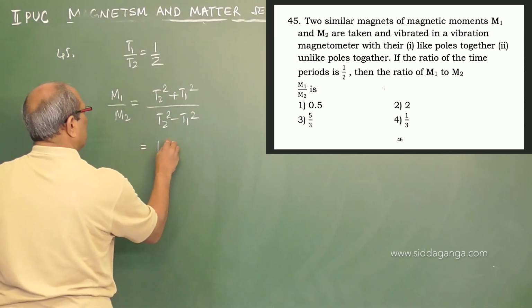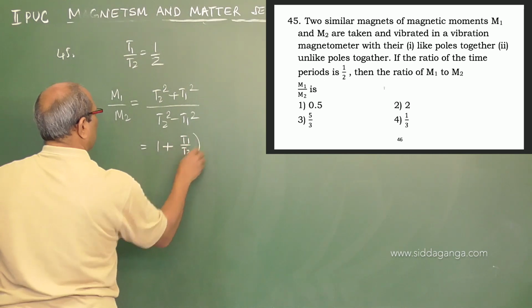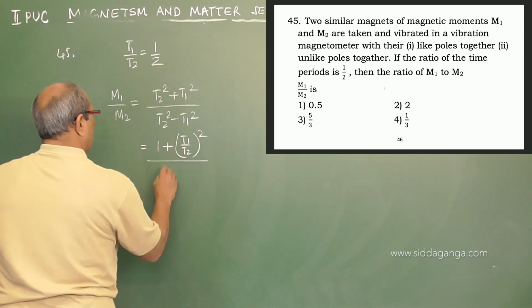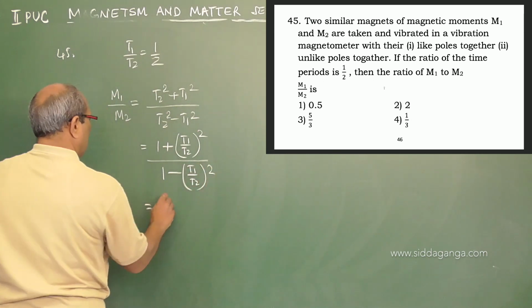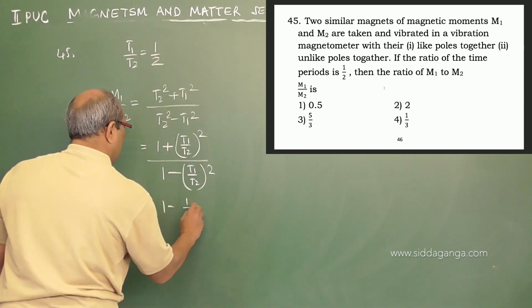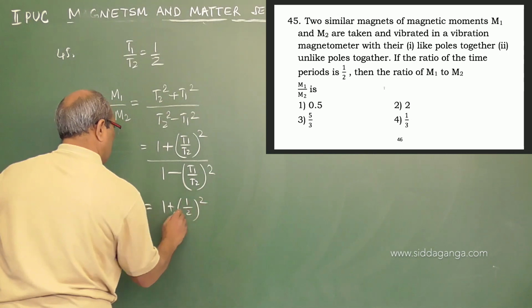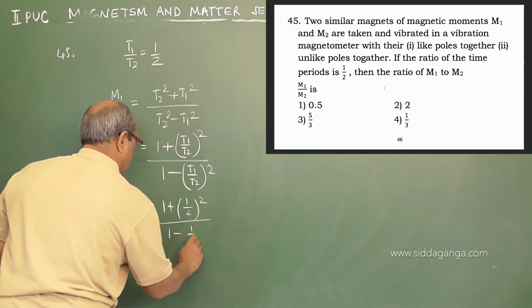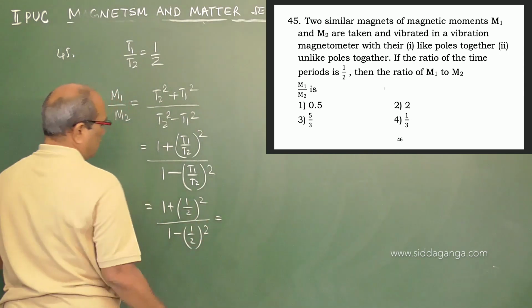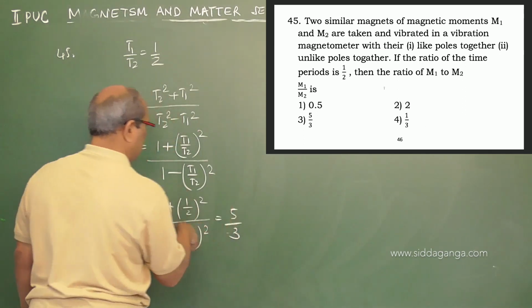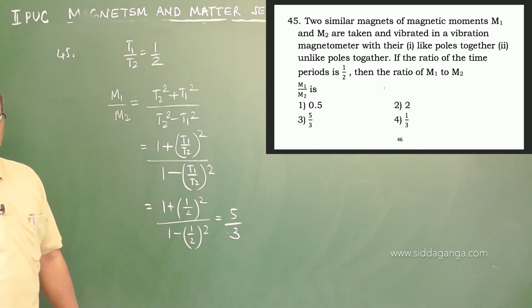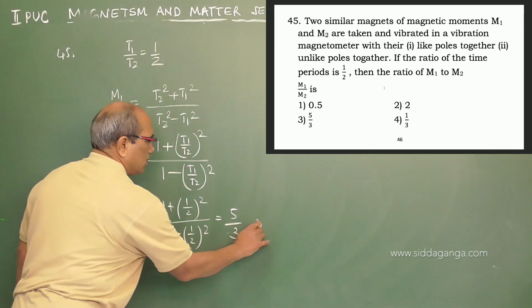This may be written as 1 plus T1 by T2 whole square upon 1 minus T1 by T2 whole square. That is 1 plus 1 by 2 square over 1 minus 1 by 2 square. It is 4 plus 1 is 5 by 3 because 4 cancels. The option must be 5 by 3, the third one.